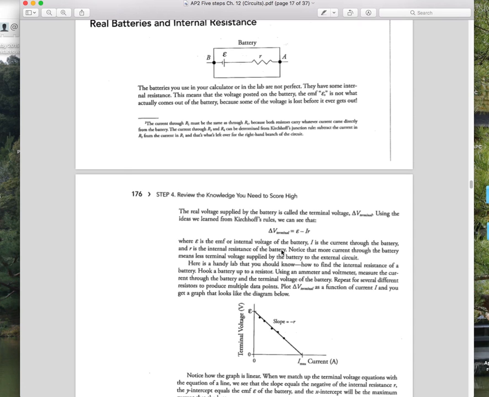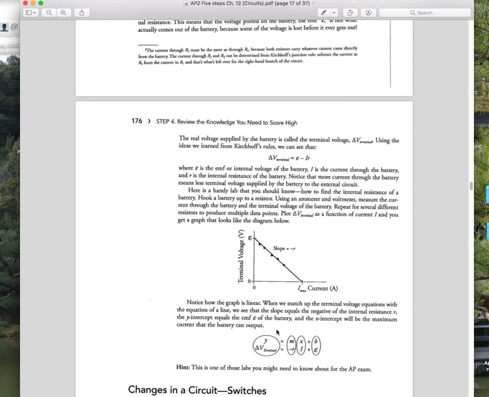How would this affect it? They could ask different things about it, like how would that affect what you determine the resistance would be outside of the battery itself. So I would definitely go back and look at that lab.